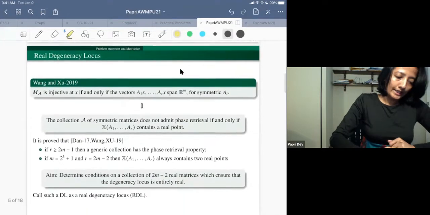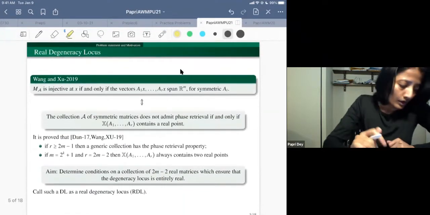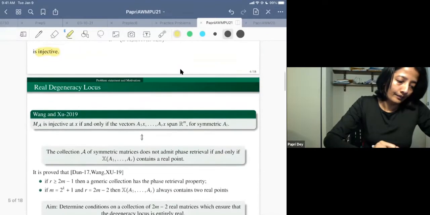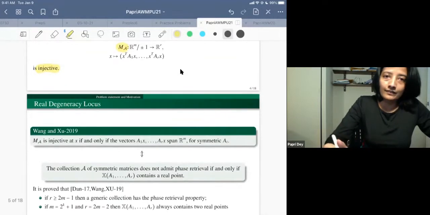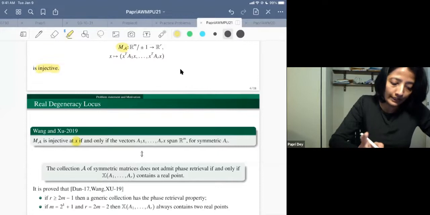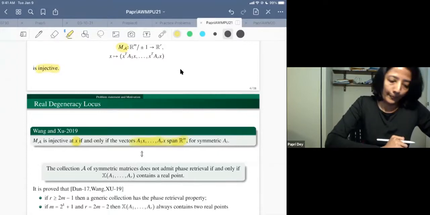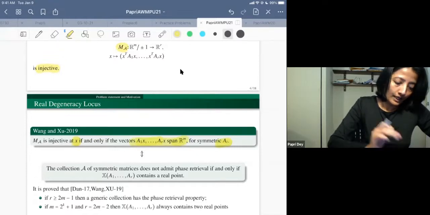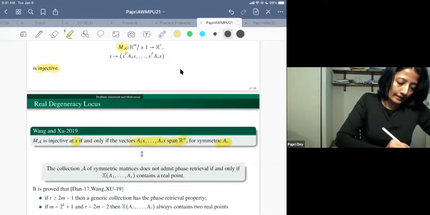In 2019, Wang and Zhu proved that this map MA is injective at some point x if and only if the vectors span Rm for a collection of symmetric matrices Ai. This result can equivalently be restated this way.